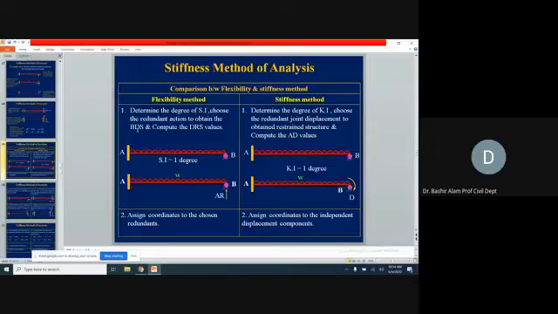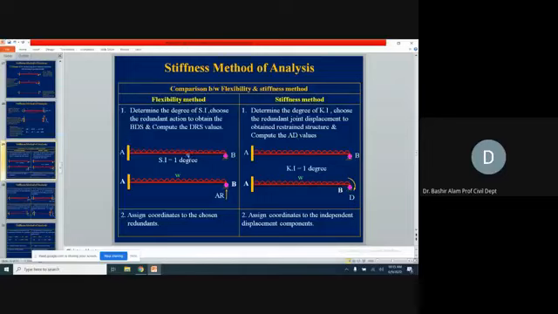Here we were obtaining the release structure in the flexibility method, but in the stiffness method, we are obtaining the restraint structure. Corresponding to those redundant actions in the flexibility method, we were finding DRS values. But in the stiffness method, corresponding to the redundant joint displacements, we will be writing the AD values, actions corresponding to the displaceable joints.